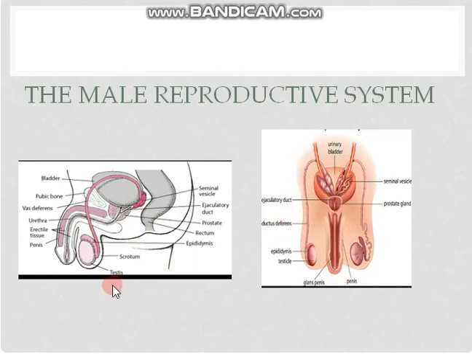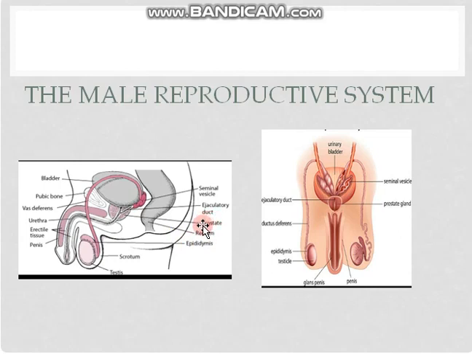When you take a close look at it, we can identify the testes, the scrotum, the epididymis. Then here we have the rectum. This is the rectum, which is part of the digestive system. We have the prostate gland.